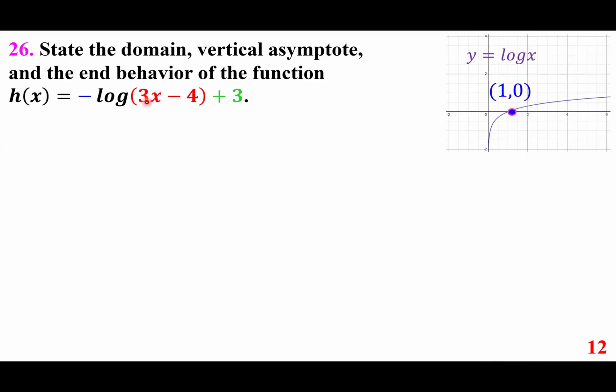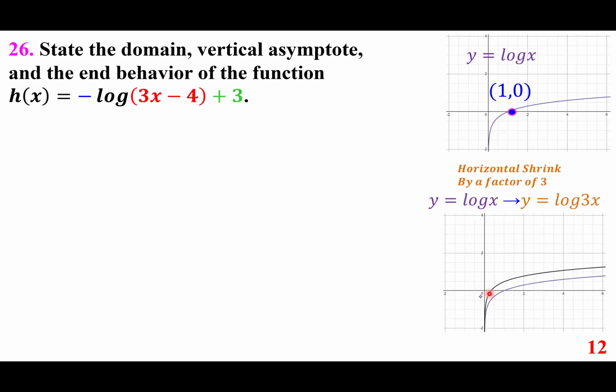So the very first thing we see is 3x. We're going to change the log x to log 3x. As a result, when x changes to 3x, you shrink it by a factor of 3 along the horizontal axis, okay? So in other words, this (1, 0) shrinks by a factor of 3. So this goes to (1/3, 0).